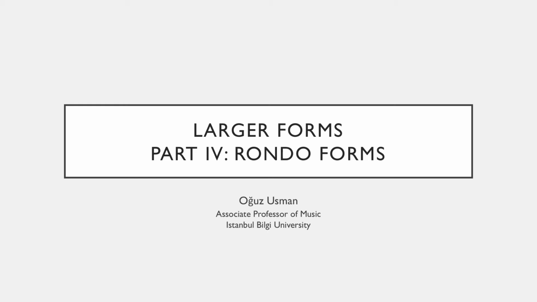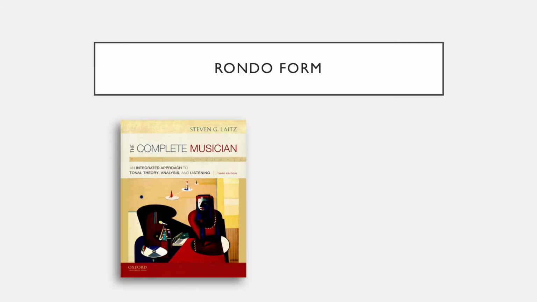Hello. In the last part of larger forms, we are going to talk about rondo forms. In The Complete Musician by Stephen Leeds, there's a beautiful introduction. He says, variety is the spice of life, and there's no place like home.